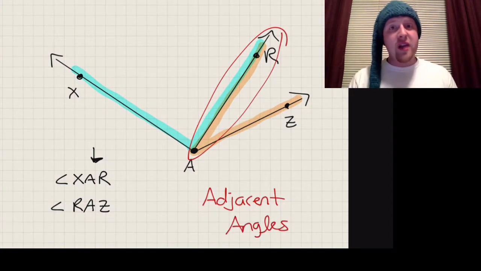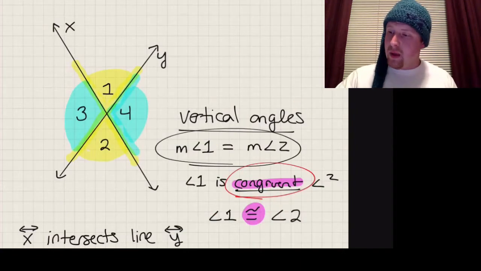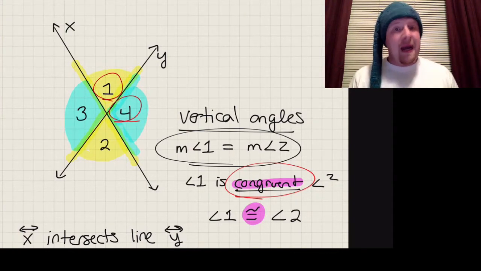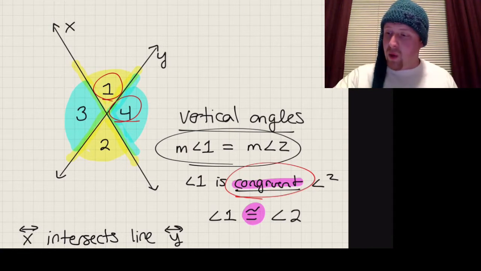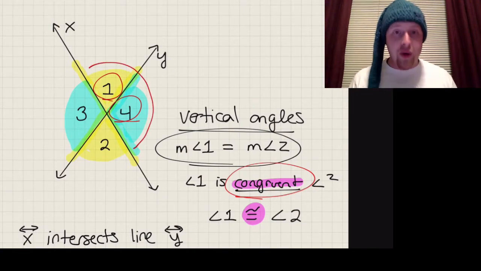Now, angles can have more than one thing that they fall under. For instance, angles 1 and 4 are adjacent. And they're also supplementary because when added up, they equal 180 degrees. Angles 1 and 3 are the same way.